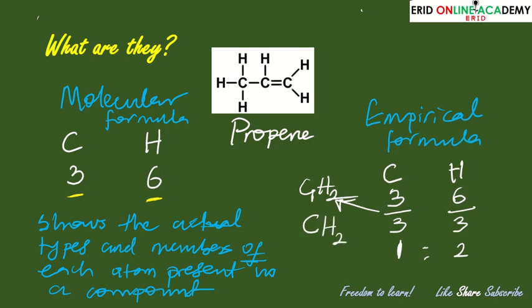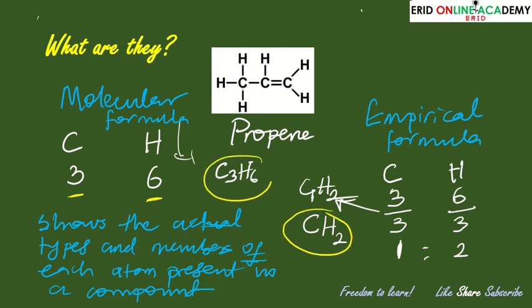So, comparing the two formulas together, your molecular formula is C3H6. This is the molecular formula for this compound, and this is the empirical formula. We can see that the molecular formula tells us the actual number of carbon and the actual number of hydrogen atoms present in this molecule, propane, while the empirical formula tells us just the ratio of carbon to hydrogen.